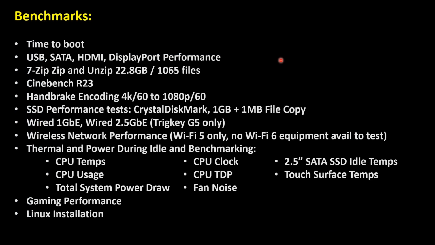All right, we finally got to the benchmarks, and here's the things that we're going to take a look at. Basically, time to boot, USB, SATA, HDMI, DisplayPort performance, or more succinctly, the resolution and refresh rate of each of those ports.